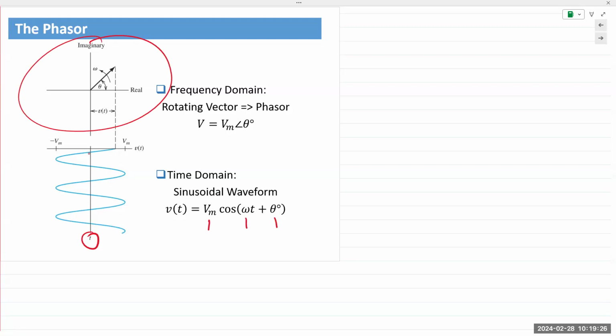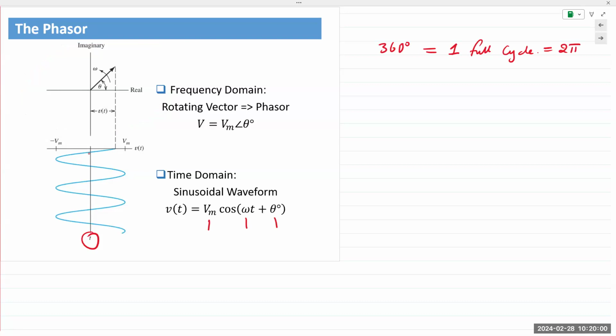And what does a vector need for its description? Magnitude and direction. By direction, we mean the phase angle in degrees. One full rotation of the vector is 360 degrees, which equals one full cycle in the time domain, or 2 pi radians.